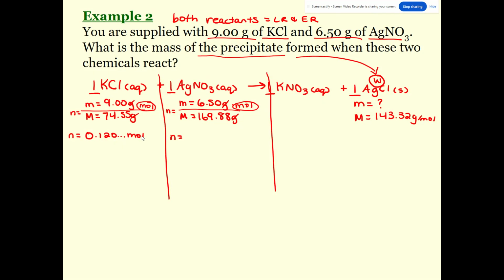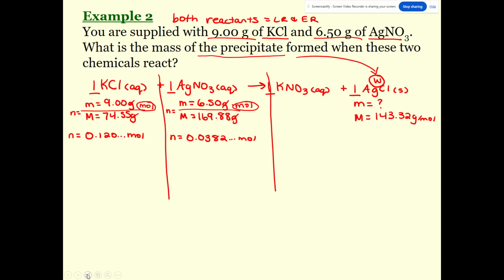And my silver nitrate, 6.5 divided by 169.88 is 0.0382 moles. That doesn't look like a 3 there very well. Let's make that look a little clearer. 0.038.